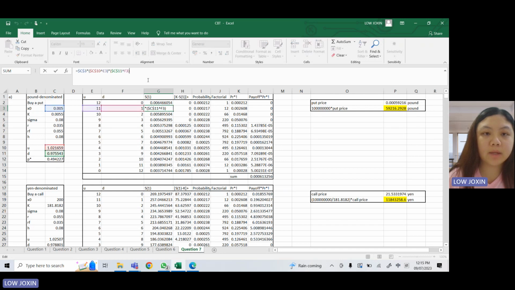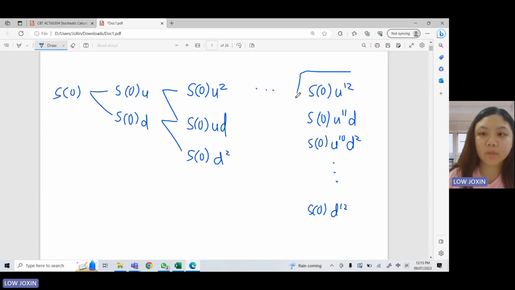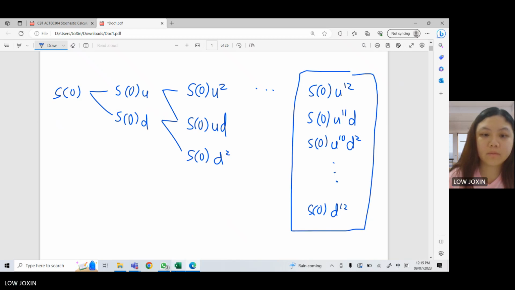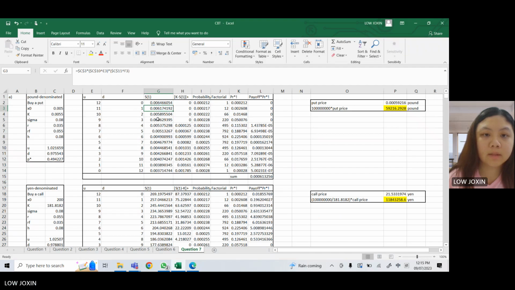And this will be X0 times U power 11 and D power 1 and so on, which is this part. So this will be our currency rate at time 1 using the binomial tree.